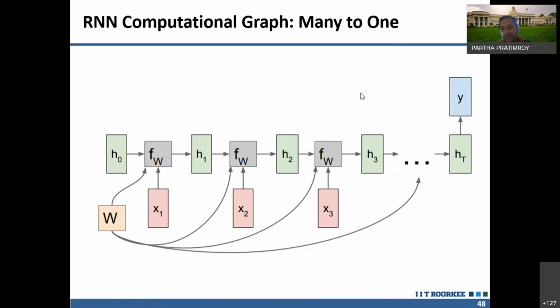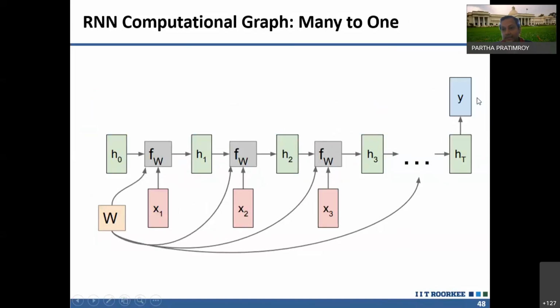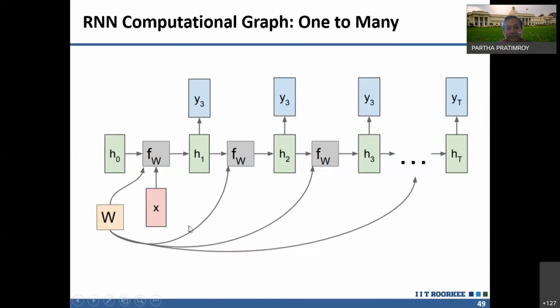So whatever loss function you have, you will learn. Here you will not have y1, y2; you will have finally only yt, and this sentence is positive or negative. So you find the difference and you train. It will be many to one, and it could be one to many also. I will give you an example.